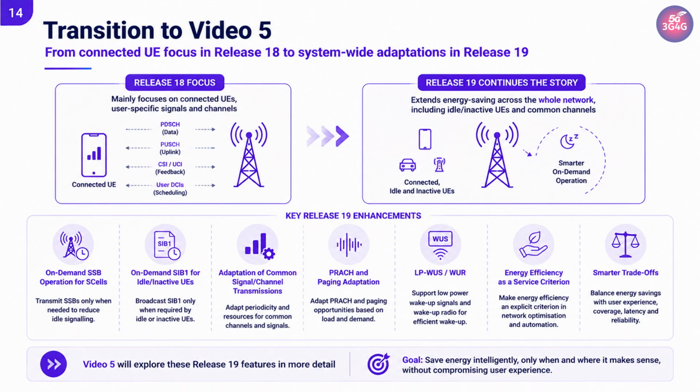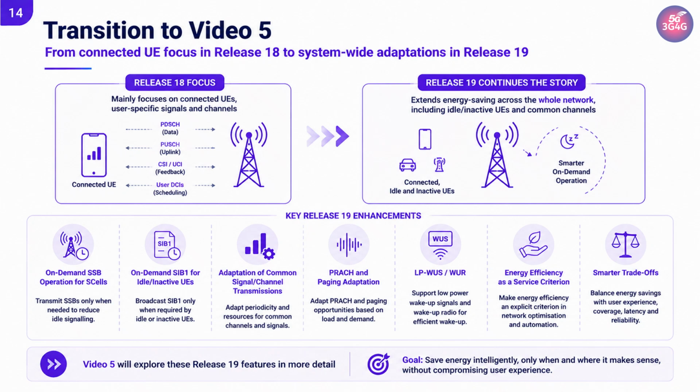We covered SSB-less SCells, cell DTX and DRX enhancements, CSI enhancements, antenna adaptation, PDSCH power adaptation, joint antenna and power adaptation, conditional handover for NES cells, legacy UE handling, and the role of control KPIs and AI or ML assistance. The main point is that Release 18 mainly focuses on connected UEs, user-specific signals and channels, and smarter control of gNodeB transmission behavior.